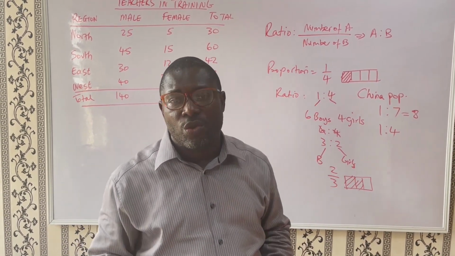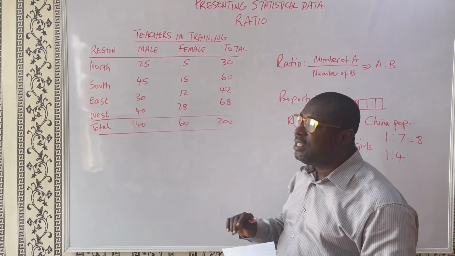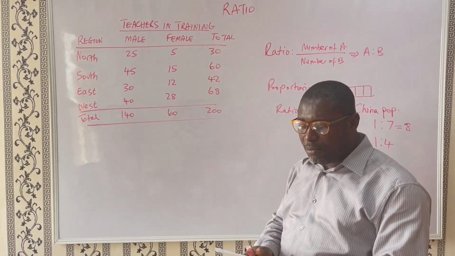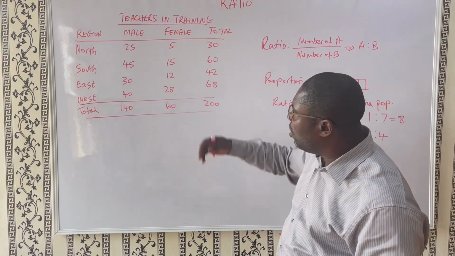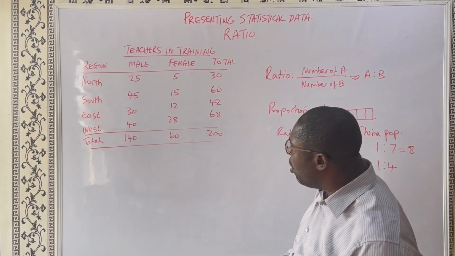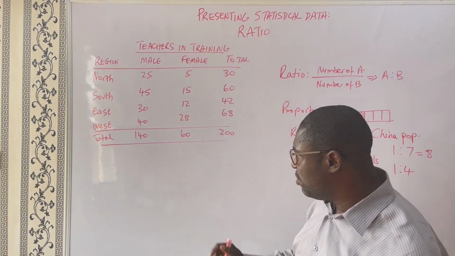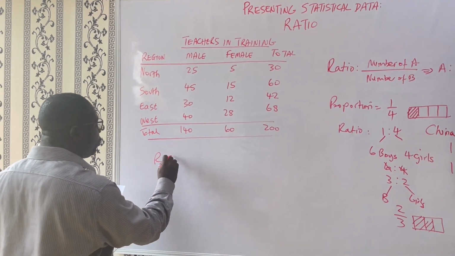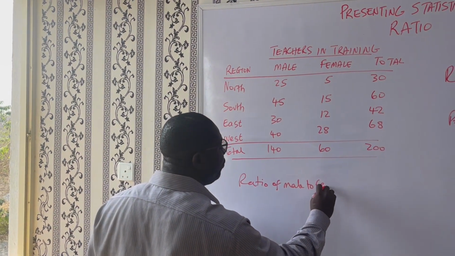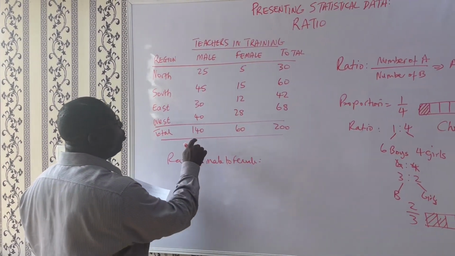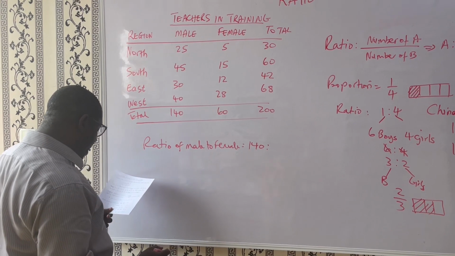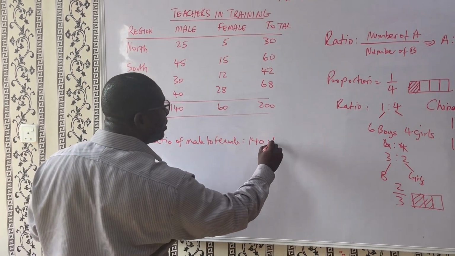Now, from this intro, I want to take you to this table that we're going to deal with. Remember, we can have different parts explained to us on this table. For example, if we want to find the ratio of male to female, the ratio of male to female is going to be the total of male, which is 140, colon 60.